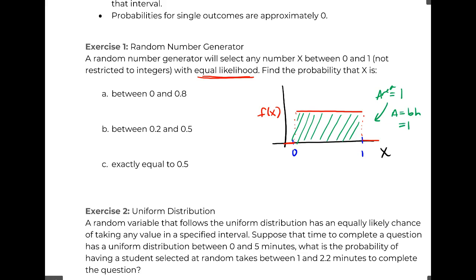Our length here is 1, which means our height, if this area has to be 1, our height is just 1 as well. So this must be at 1. And then there's a number of ways to do these next problems. So the first one here says, what is the probability that we're between 0 and 0.8? So 0.8 will be about there.